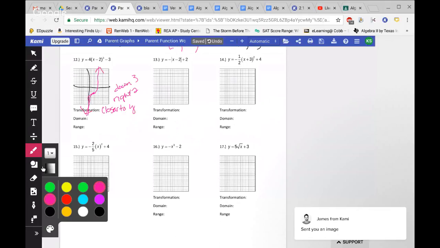All right, now let's talk about our domain. What x's would be a possibility? Any x would be.